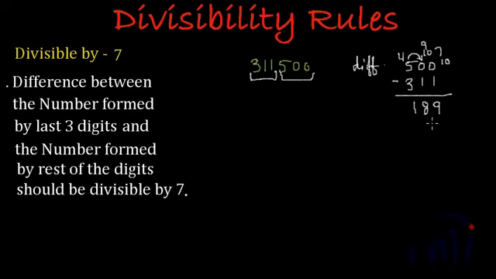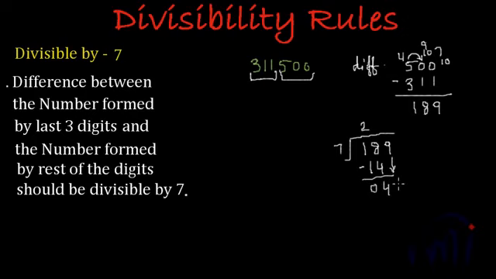And what is the next step? Yes, we have to divide this 189 by 7. And if this 189 is completely divisible by 7, this 311,500 will also be divisible by 7. So for that we have to divide 189 by 7 and check. 7 2s are 14, 18 minus 14 is 4, 0.